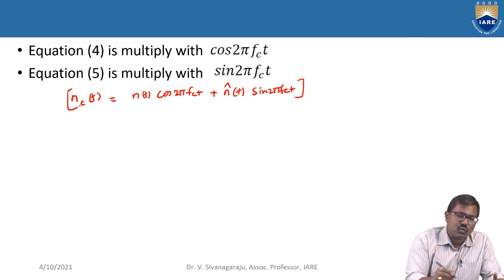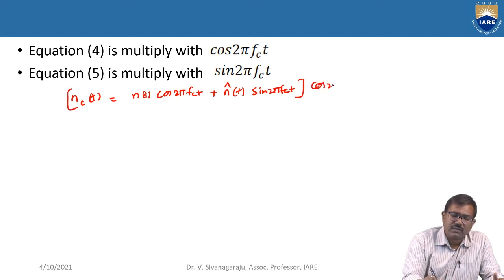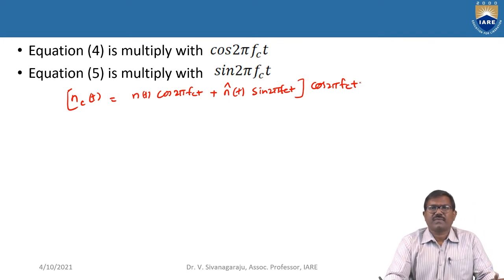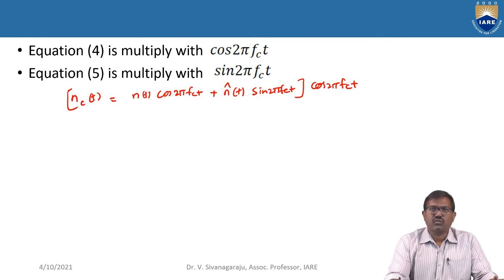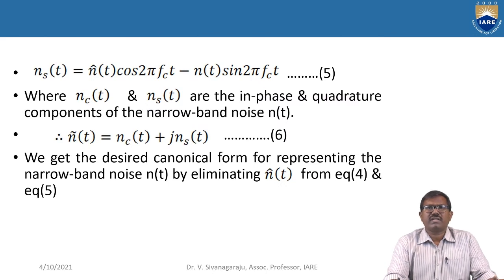This equation is going to be multiplied with cos 2 pi f c t, and again we are going to multiply sin 2 pi f c t with equation 5. So again go for equation 5.